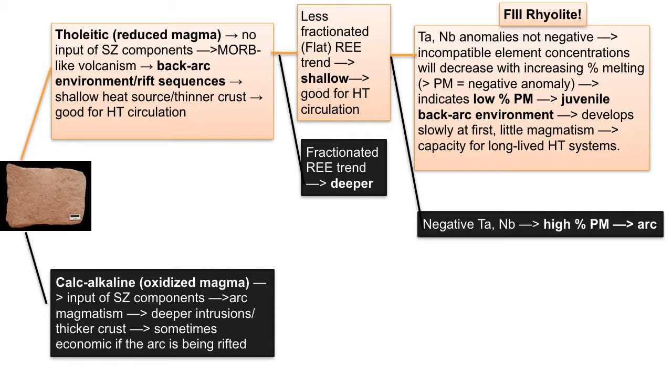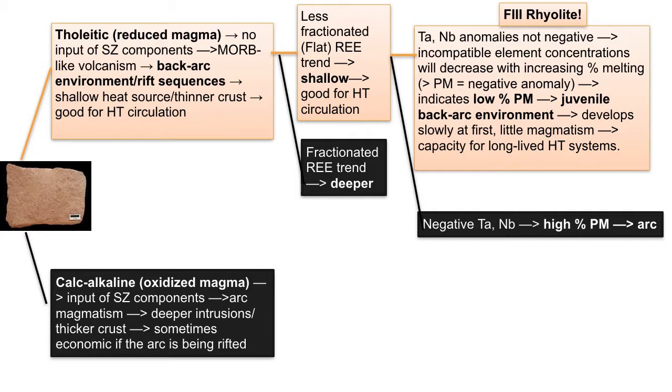Tholeiitic products indicate you're in the back arc environment where magmas are reduced. Rhyolites can have either less fractionated rare earth element trends or very fractionated rare earth element trends. The less fractionated trends tend to be associated with shallow intrusions, which are good for hydrothermal circulation.